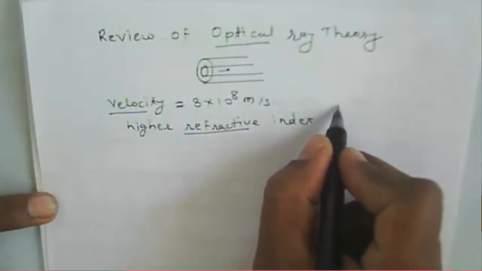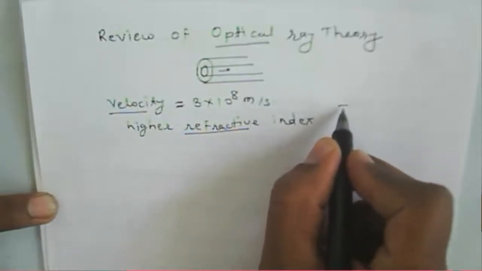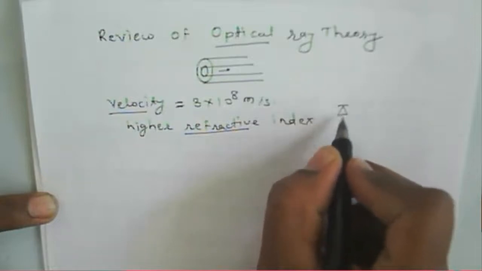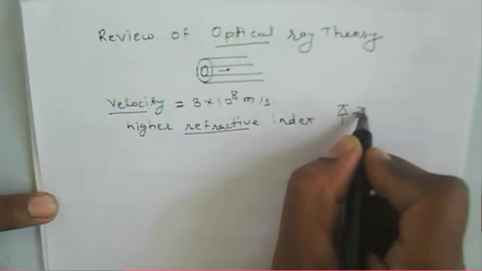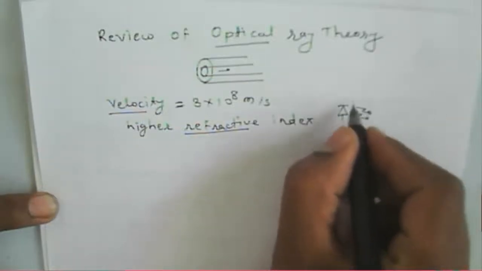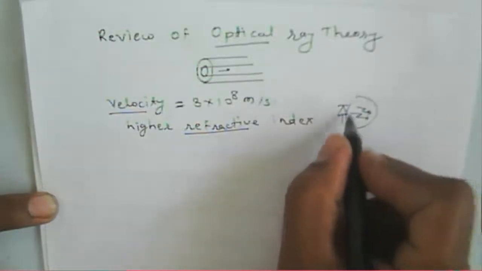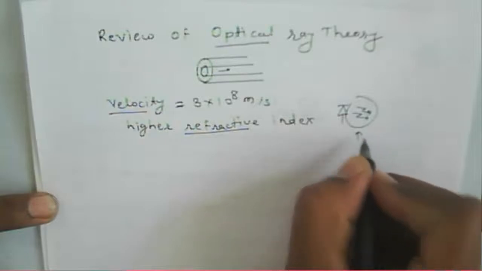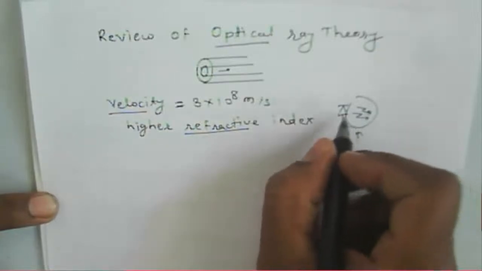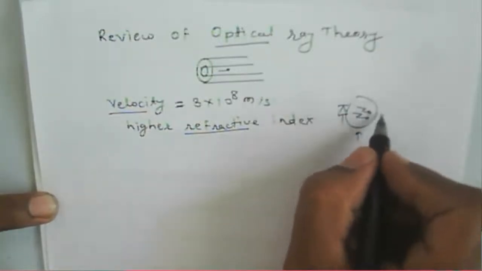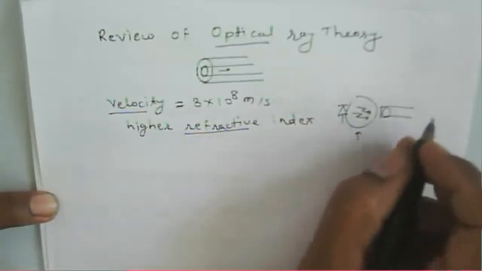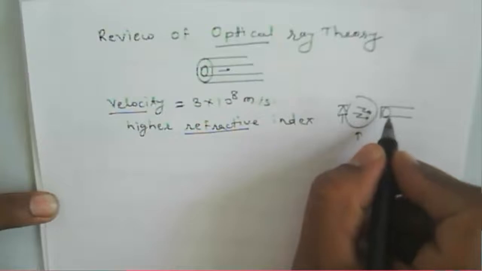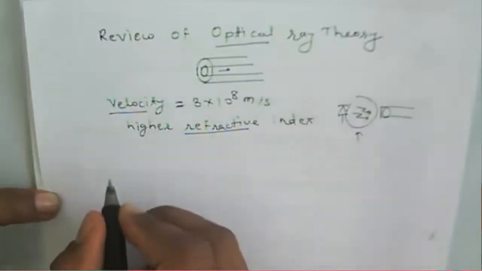We have some particular source, and light is propagating from that source. Initially the light propagates through the air, then we have the fiber, meaning the material of this particular fiber.